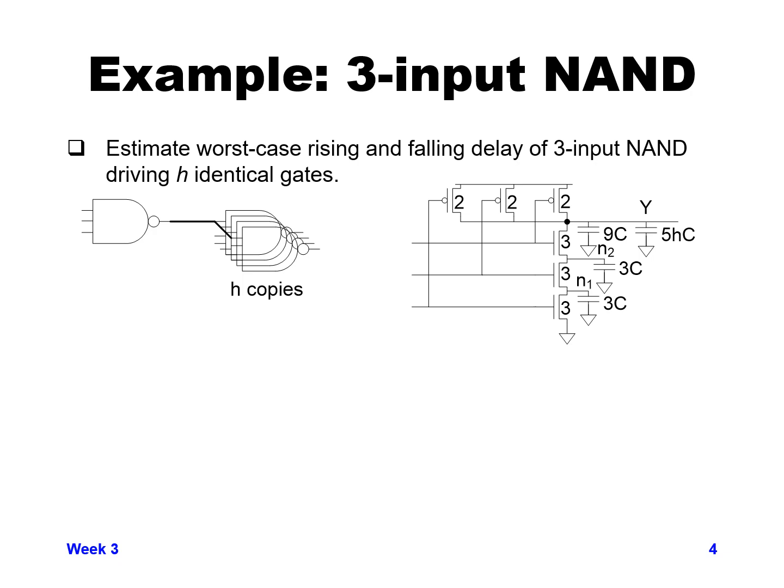And the 5HC is there because there are H receiving gates, and each receiving gate has 5 times C capacitance, because there's a size 3 and size 2 transistor receiving inside each gate.